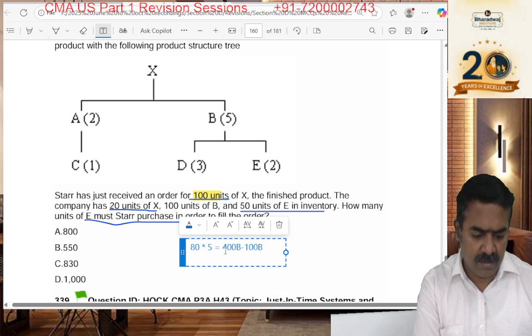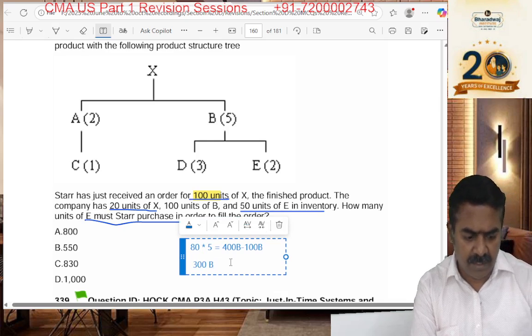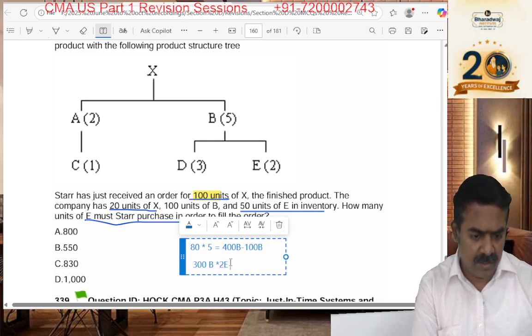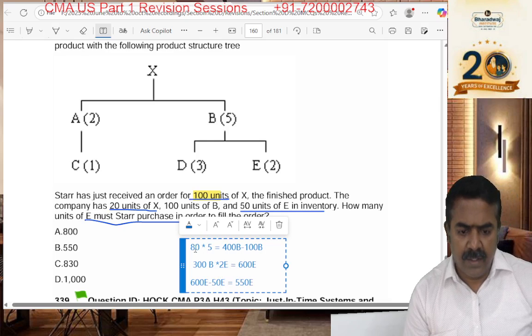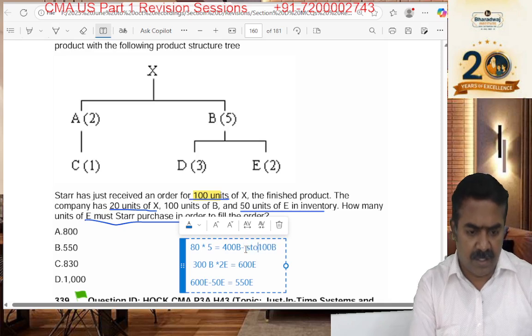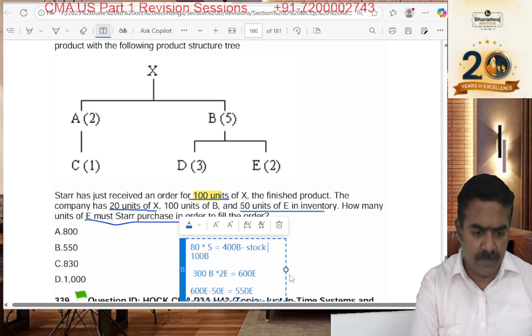So we need 300 B, multiplied with 2 E. It will be like 600 E required. In the 600 E, we have got a stock of 50. We require 550 E.